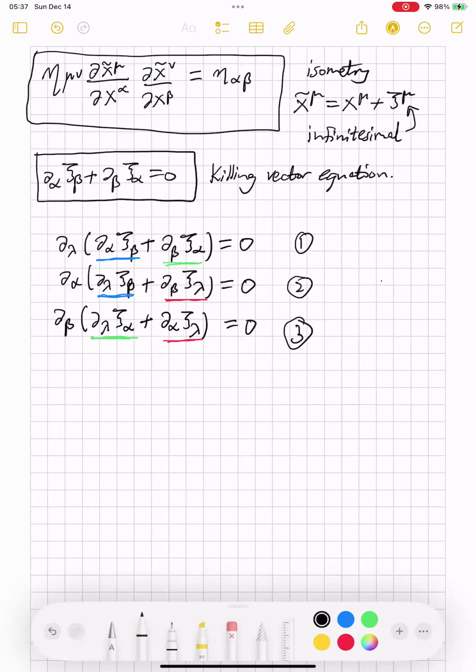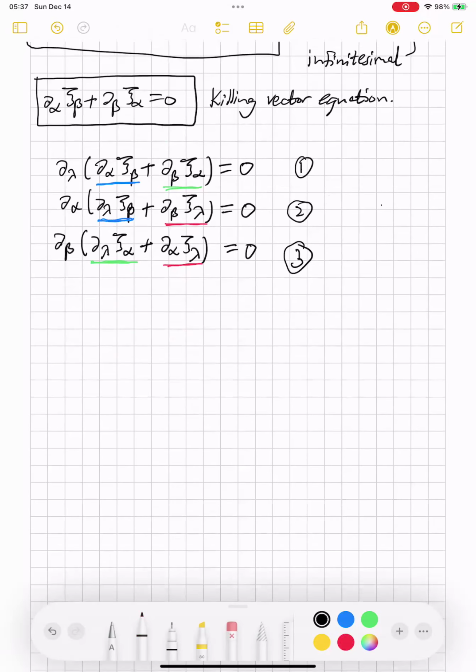So what we can now do is start to consider some linear combination of these equations. So let's take 1 plus 2, so we add the first two lines, and then minus 3. Can you see what's going to happen? If you add the first two lines and subtract the third line, this red term will cancel against that red term.